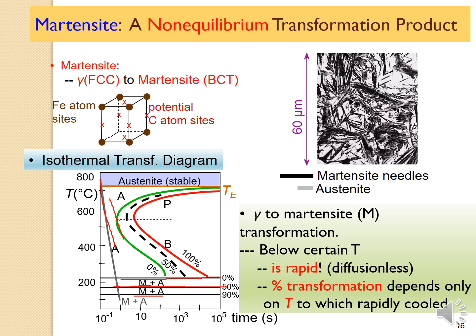But if we cool it quickly enough all the way down to about 100 degrees Celsius and then hold it, we'll have about 90% martensite plus 10% austenite. So the percentage of transformation depends only on the temperature we rapidly cool to and hold at. It doesn't depend on the time really.